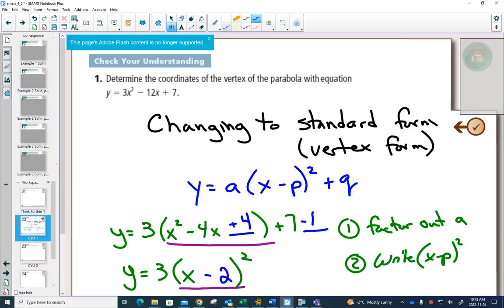Why 12? Like 4 and 12, they're not the same. Because you're multiplying the 4 by the 4. Oh, you're multiplying. You see that this 4 is also going to get multiplied by that 3. So by adding 4 in the brackets, you're actually adding 12 to that side. Right? So you'd have to subtract 12.